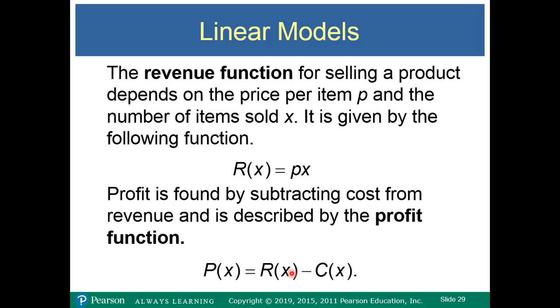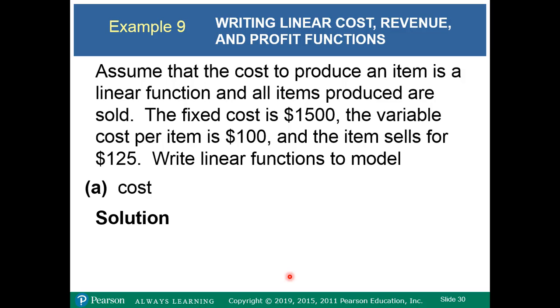In this case here, they say revenue minus cost, but it really doesn't matter which you do, it's just that the sign is going to be different. In the beginning, you're going to have negative profit, because you have more cost than revenue. And then at some point, it's going to flip. But profit is going to be the difference between those two functions.